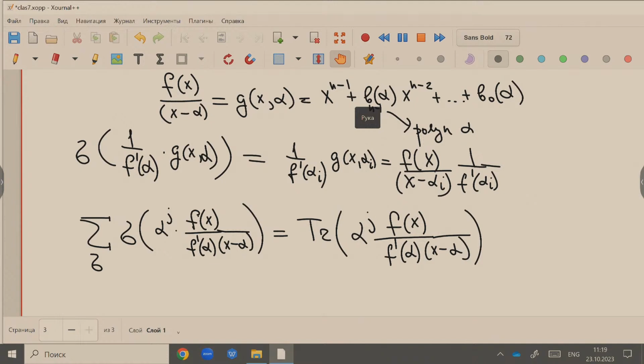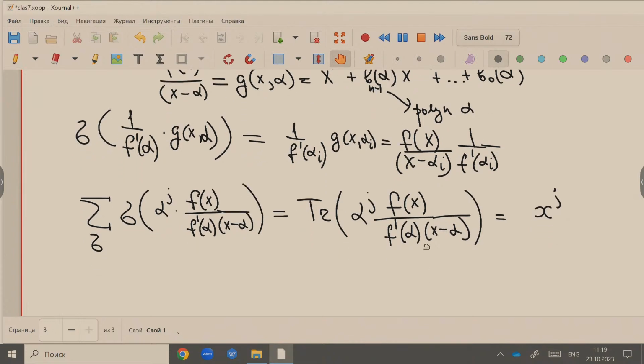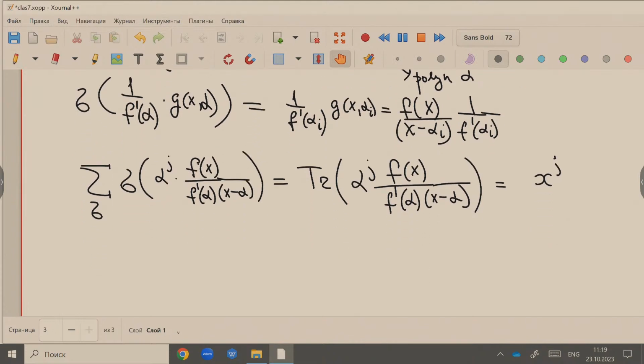And what is the answer for this trace? As a function, it was x to the power j. As a polynomial, it was x to the power j. So if I open the brackets here for the trace, I can think of taking the trace coefficient-wise.